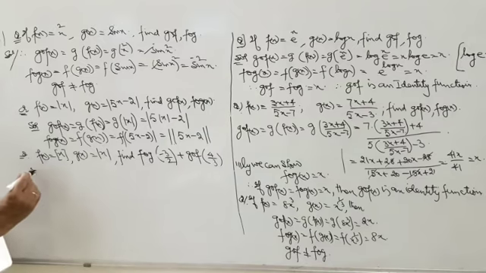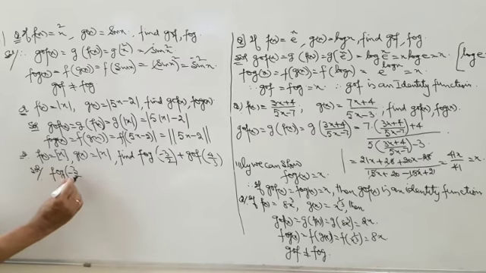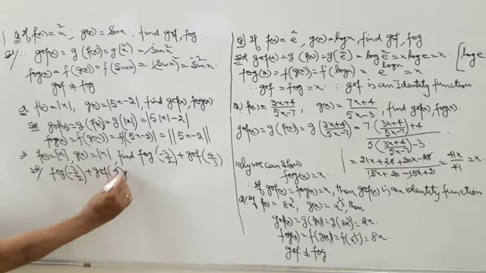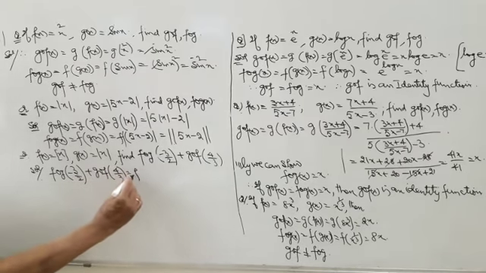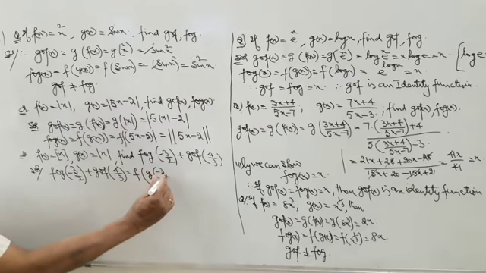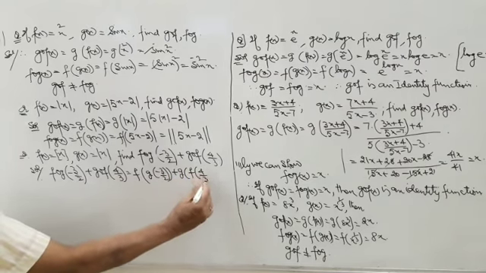See the solution. It is f circle g of minus 3 by 2 plus g circle f of 4 by 3. Use the definitions: f of g of minus 3 by 2 plus g of f of 4 by 3.